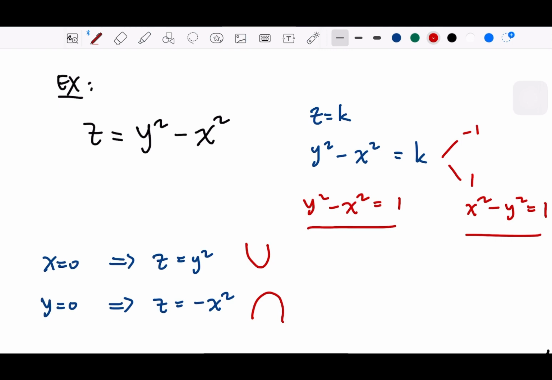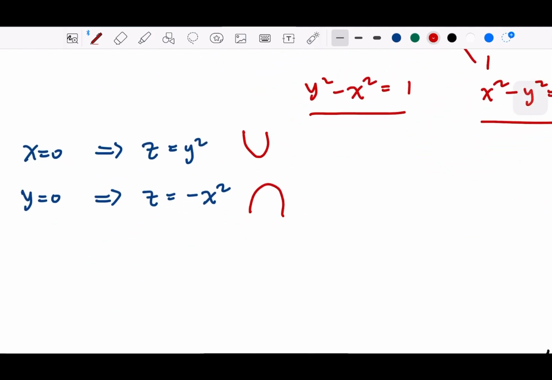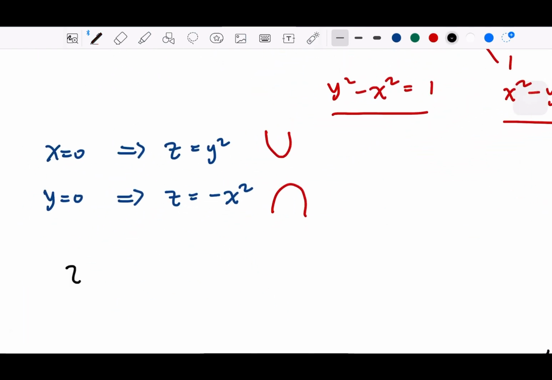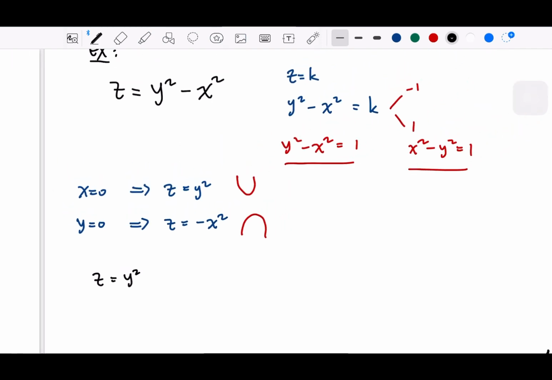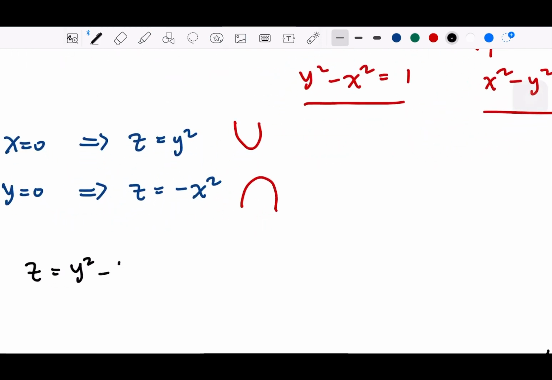And then imagine that this will be not 0 but a constant. So we are going to see in every point that this parabola will take place. Okay. So if we take, for example, z equals y squared minus k squared.